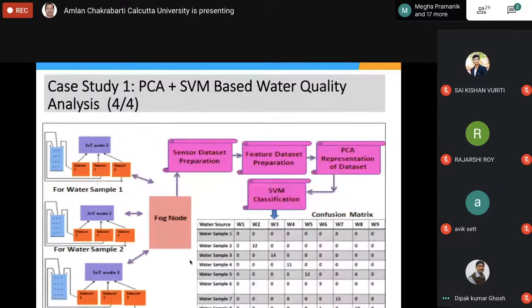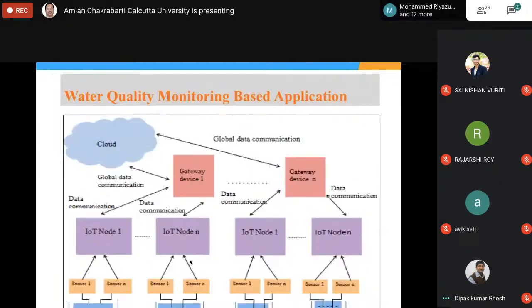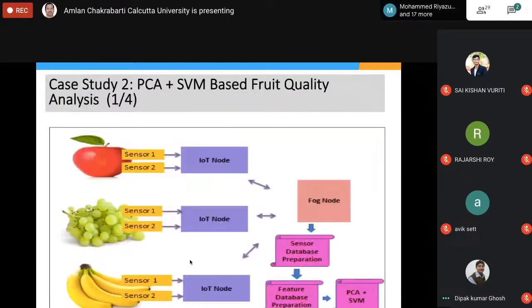And similarly, I'm not going into details. This is also work we have done on food quality, which is basically for storage houses, right? In the warehouses, a lot of fruits get perished with time.